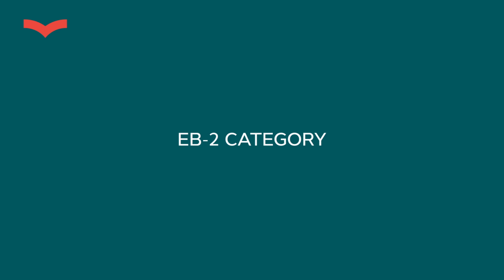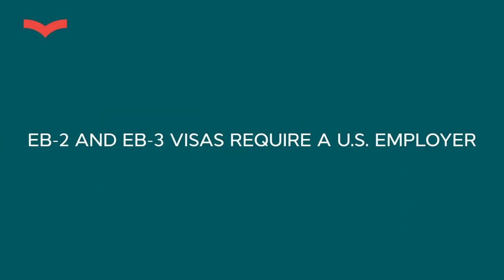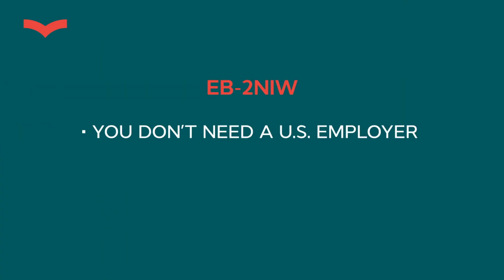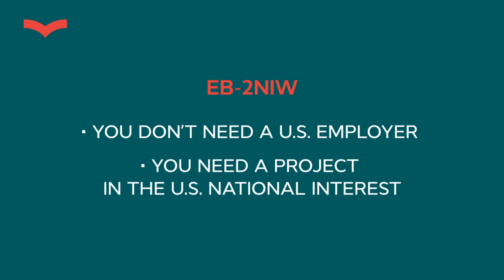Then EB-2, and usually I look at EB-2 and EB-3 together because both of these visas suppose that you have an employer in the States and that you went through the process of labor certification. There is an exception in the EB-2 category called EB-2 National Interest Waiver, where you don't have to have an employer, but you have to have a project, an endeavor that is in the national interest of the United States of America.